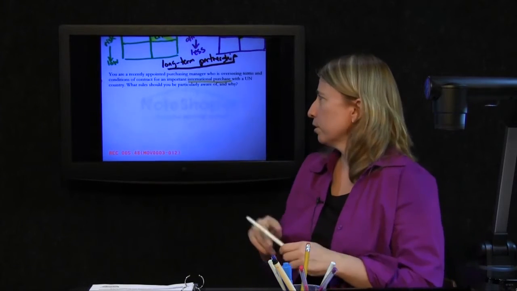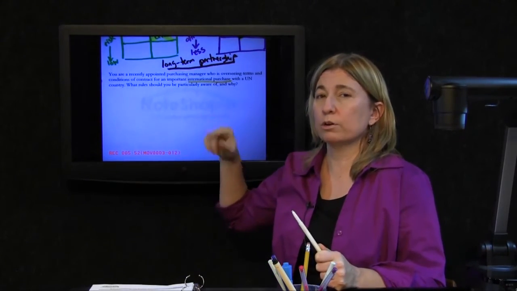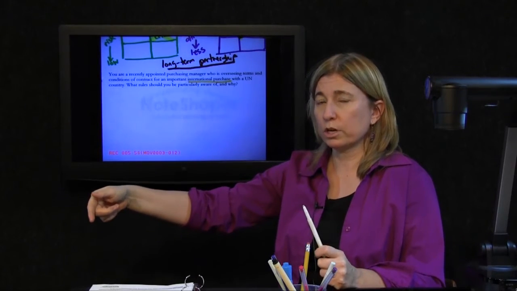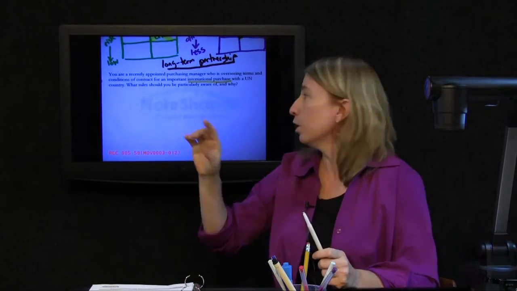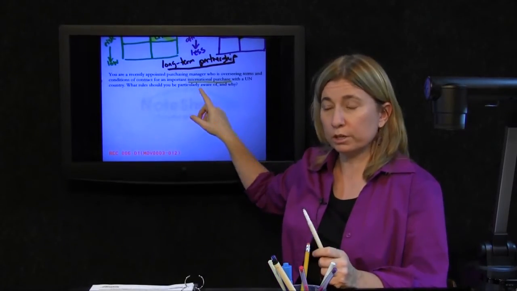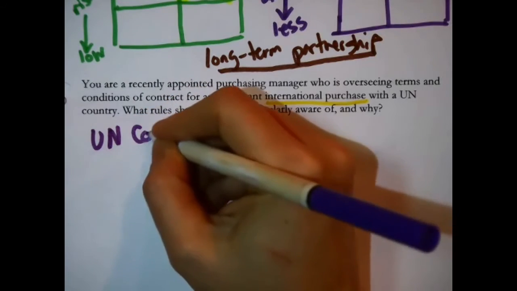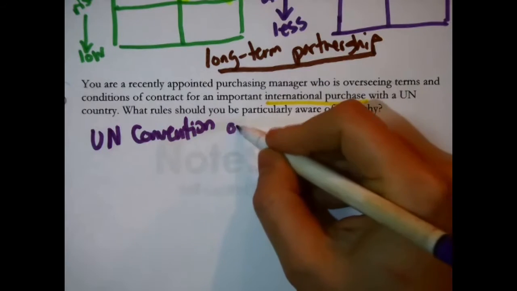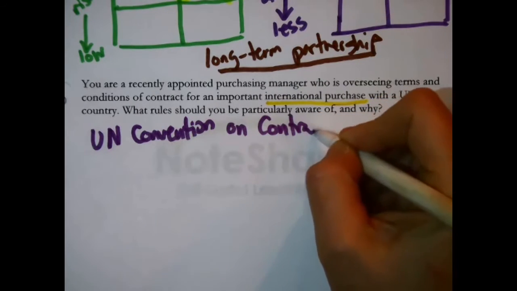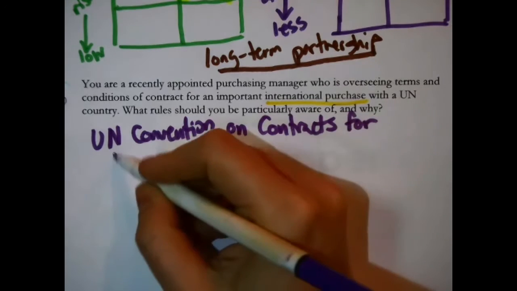Okay, first off, the key to answering this question, right? You're purchasing manager and you're going to make an international purchase with one of 76 UN countries who have signed on to what rules should you be particularly aware of? The UN Convention. It's a set of rules on contracts for international sale of goods.